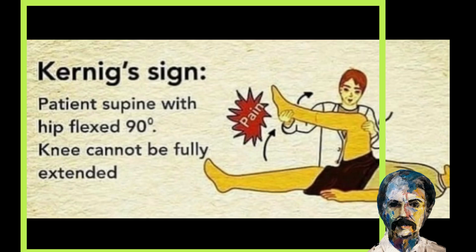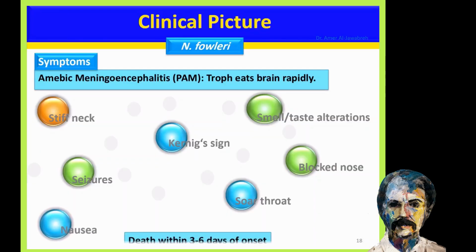If it's extended, then you are going to have a bit of pain in your neck. Okay, so we have Koenig's sign, we have sore throat, nausea, a little bit dizzy, and look, very, very important, death within 3 to 6 days.